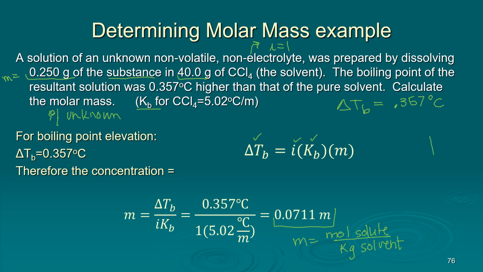So again, let me just draw a little picture here. We've put 40 grams of carbon tetrachloride, and then we've added 0.250 grams of our unknown. And then we took the boiling point of that solution. So just keep that in mind.